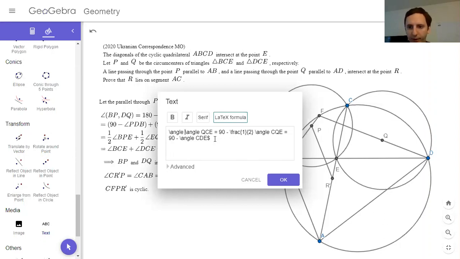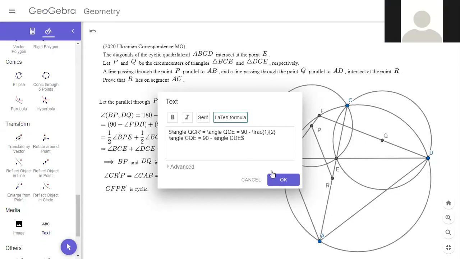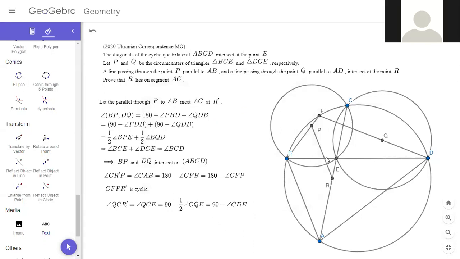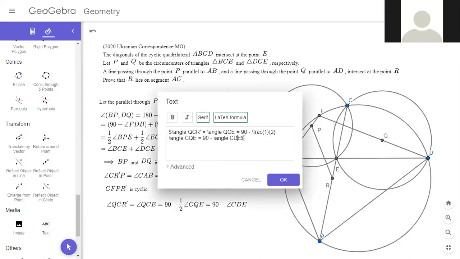So I'll write it like this: angle QCR prime is QCE, which is 90 minus half of CQE, which is 90 minus CDE. We want to show that's the same as Q. 90 minus CDE is equal to 90 minus CAB. Okay.